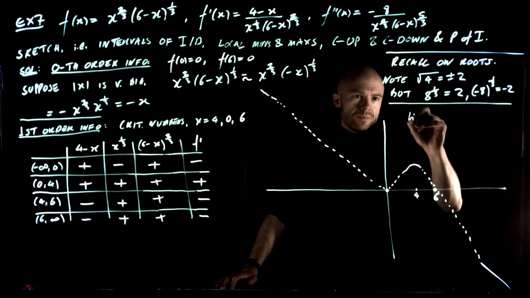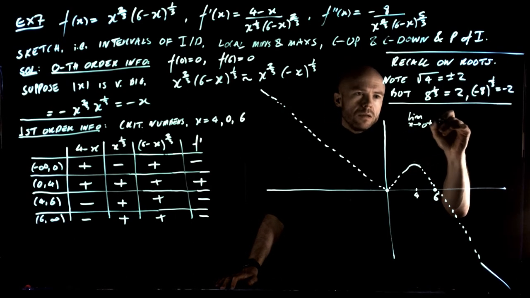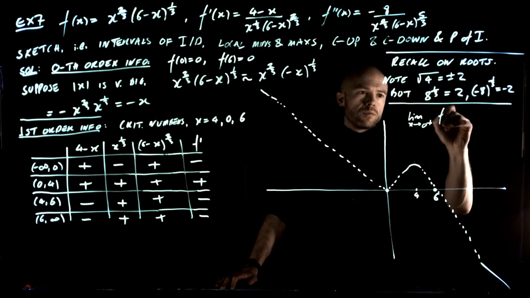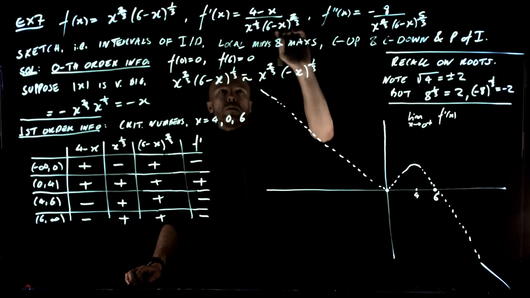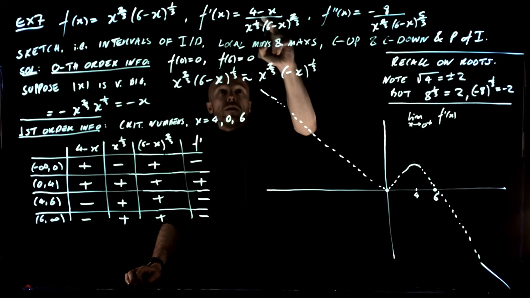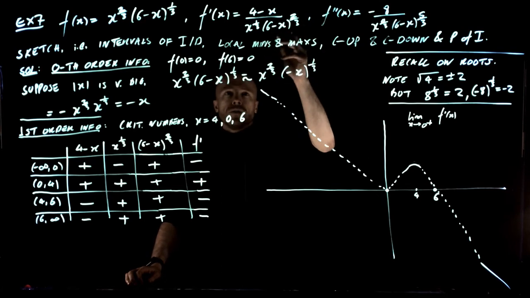So if we take the limit as x goes to 0 from the right-hand side of f prime of x, so as x goes to 0 from the positive small numbers, then on the top it's more and more like 4. This thing is more and more like 6 to the 2 over 3, a positive number.